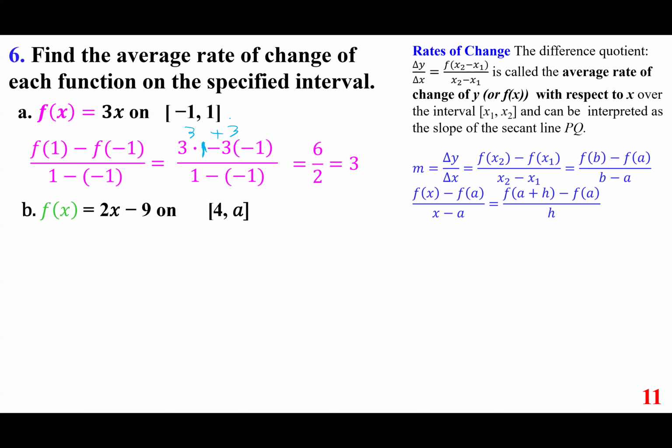A similar question, f of x is 2x minus 9, and the interval is 4 to a. So f of b minus f of a over b minus a, that means in this case f of a minus f of 4 over a minus 4.